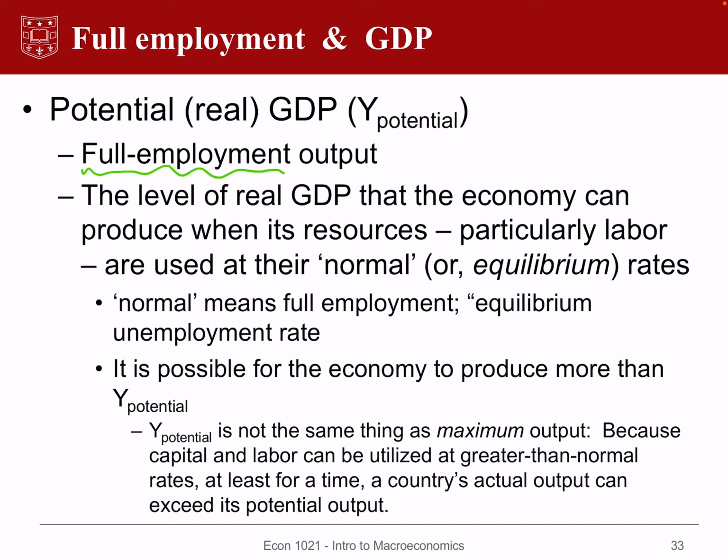So what is potential real gross domestic product? It is the level of real GDP that an economy can produce when its resources, particularly labor, but when it's measured we're looking at all resources, are used at their normal or their equilibrium rates.